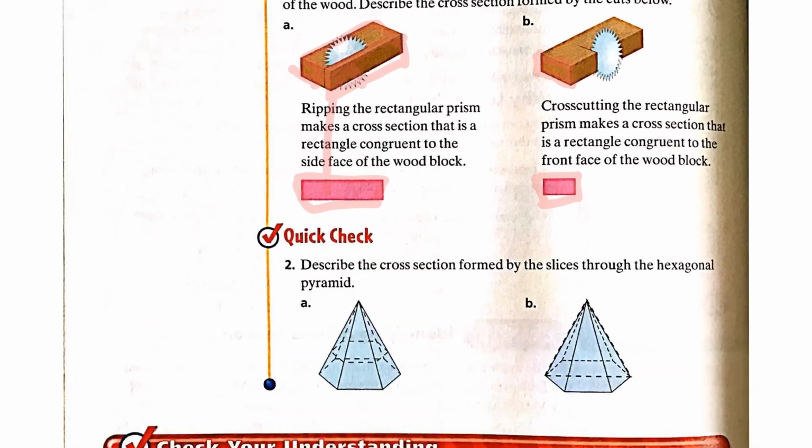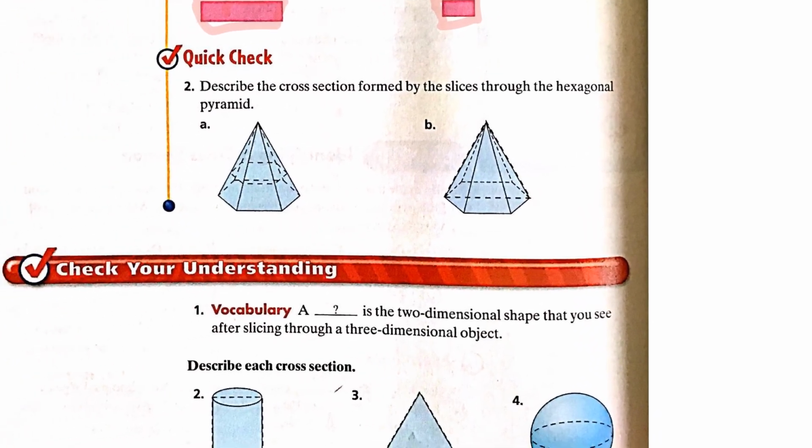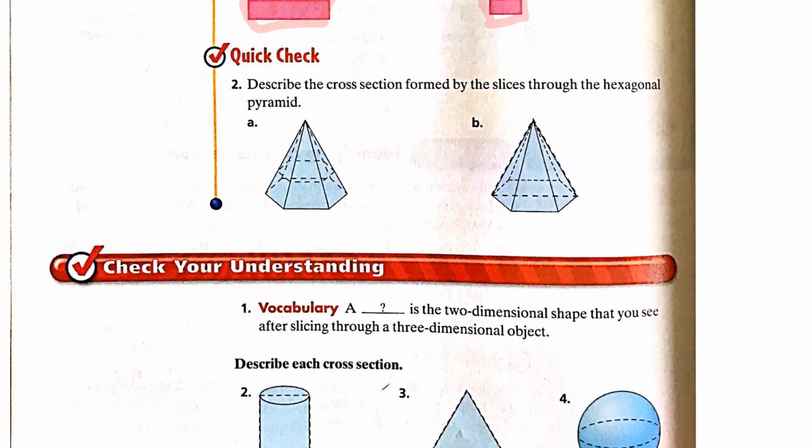Okay, so on to our quick check. Describe the cross section formed by the slices through the hexagonal pyramid. We know that this shape right here, the base, is a hexagon.